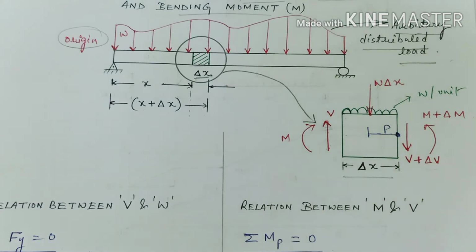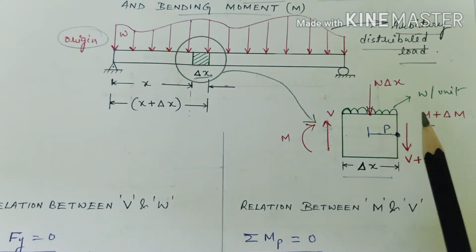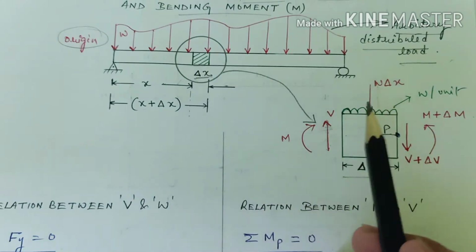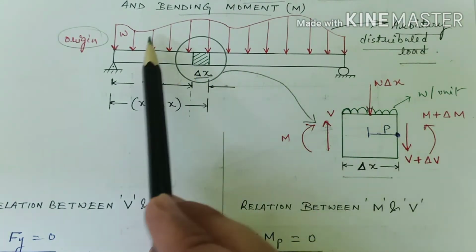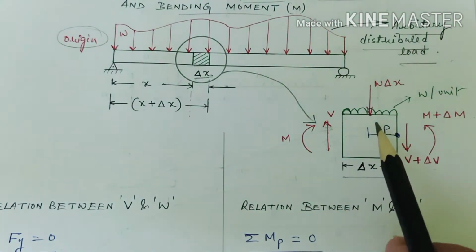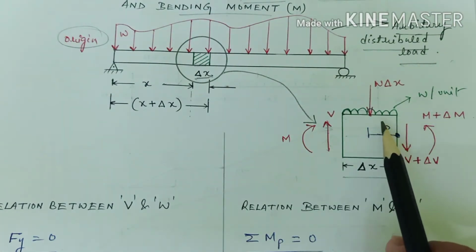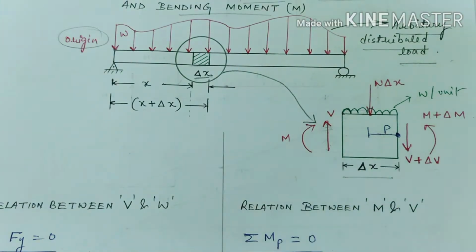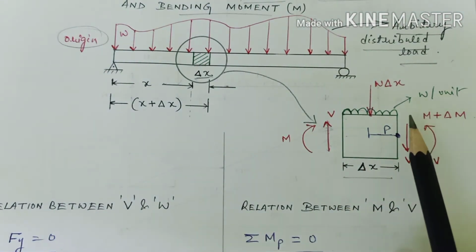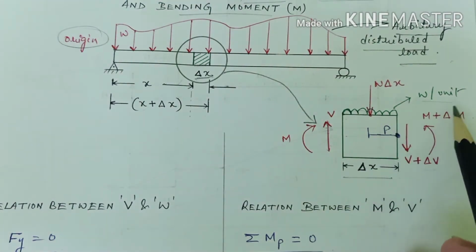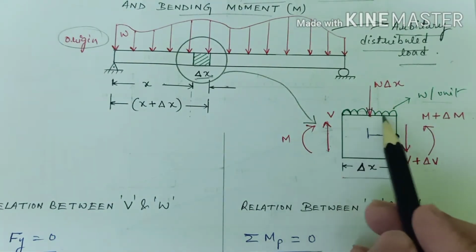So what else will we get? So the next thing we will get is the loading. So we had an arbitrary distributed load, but if we are considering an element, we will be getting something like a UDL, okay, because we are considering a very small portion, right? So let us say this is W per unit length. So what will be the total force of the UDL?